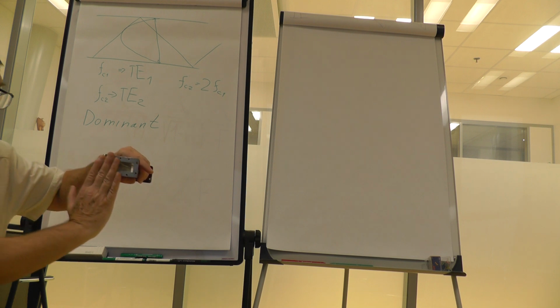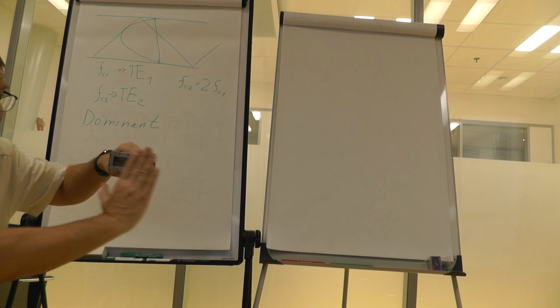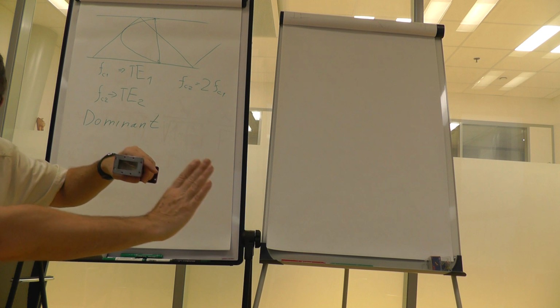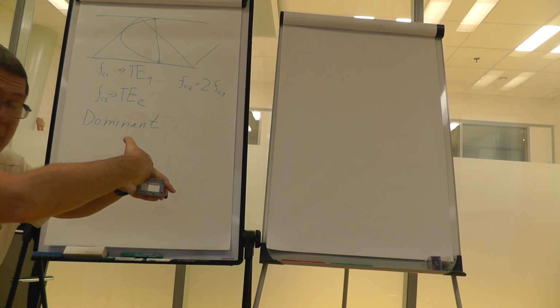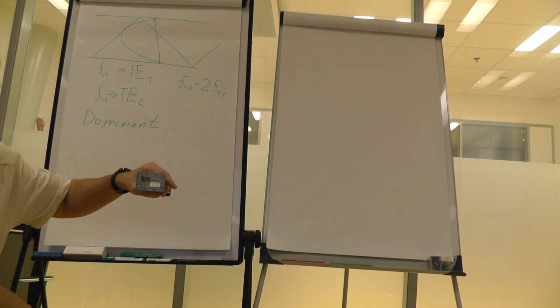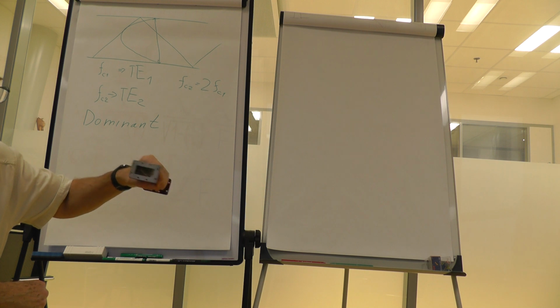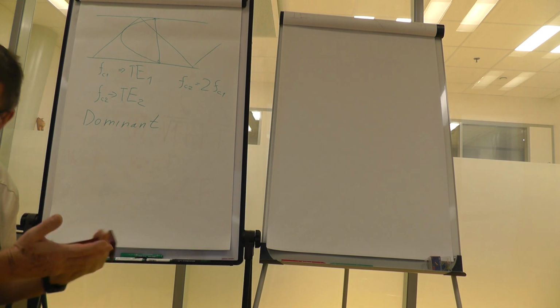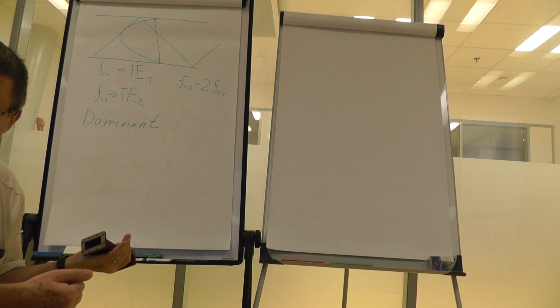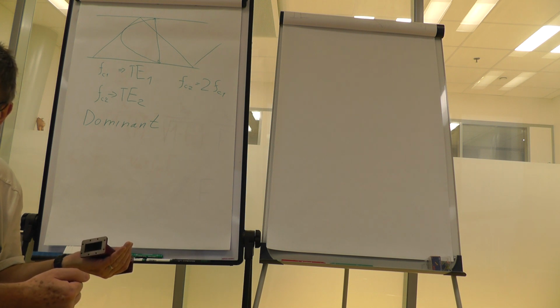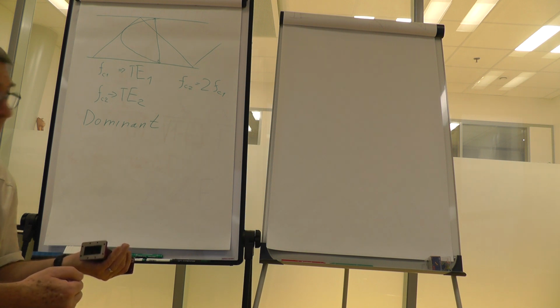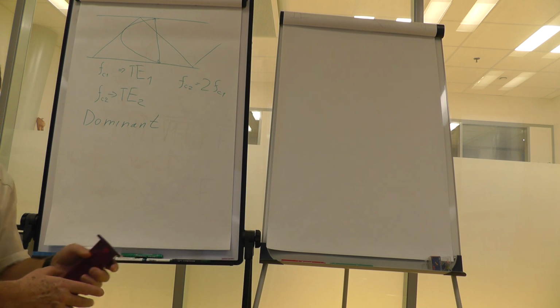Transverse, I mean, the electric field lies only in the cross-section of the waveguide. There is no component along the propagation. The magnetic field also has a component in the direction of propagation. So this is transverse electric. And as the opposite, we also have transverse magnetic waves, which do not have a component of magnetic field in the direction of propagation. We call them TE or TM.